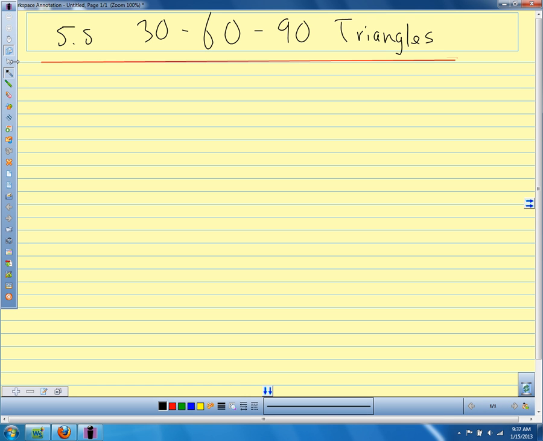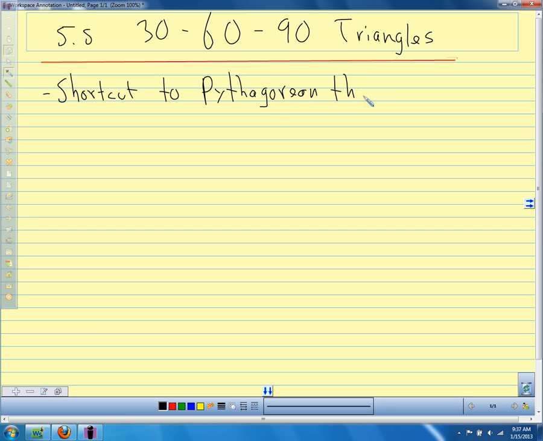So on all of our special right triangles, like we mentioned yesterday, 30, 60, 90 triangles, 45, 45, 90 triangles, the idea here is that they give us a shortcut to the Pythagorean theorem. So we don't have to use the Pythagorean theorem on these triangles. We know these shortcuts.